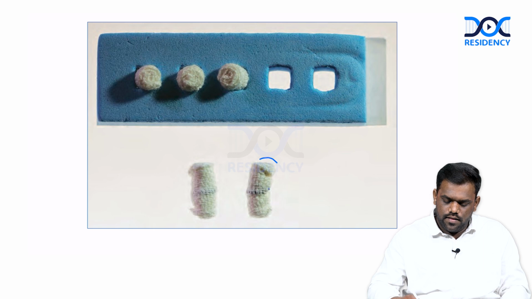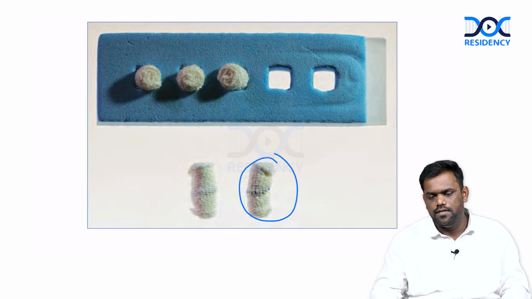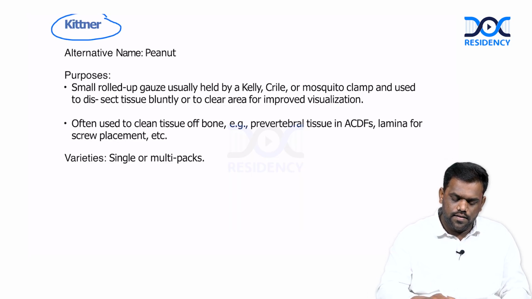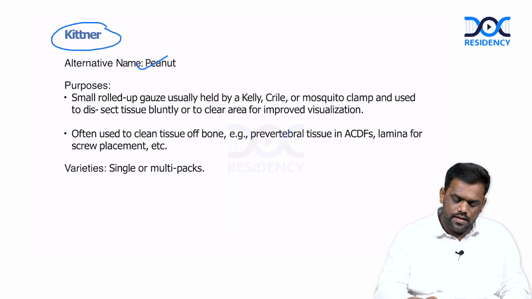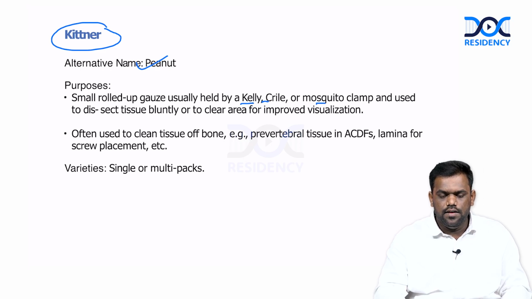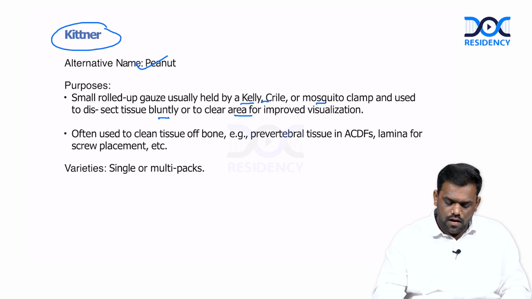Identify this. This is basic, and you can also use it in general surgery. This is your Kitner, otherwise called a peanut. We simply call it a peanut, but its real name is Kitner. It is a small rolled-up gauze, usually held by a Kelly, Crile, or mosquito clamp. It is used to dissect bluntly or to clear areas for improved visualization. It is also often used to clean tissues off the bone.